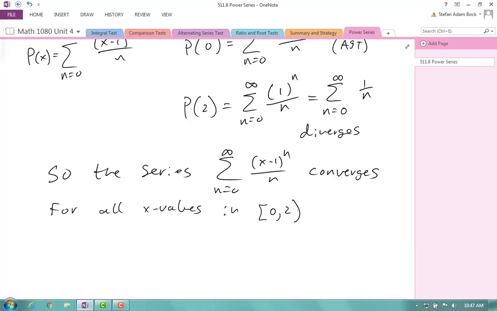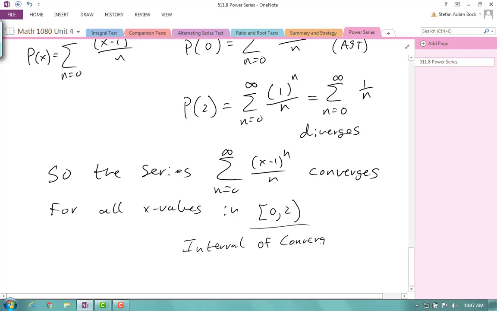Not technically any new material, but we have a reason to apply it in this particular fashion. So this interval here is called the interval of convergence. And it's something we're generally interested in knowing.